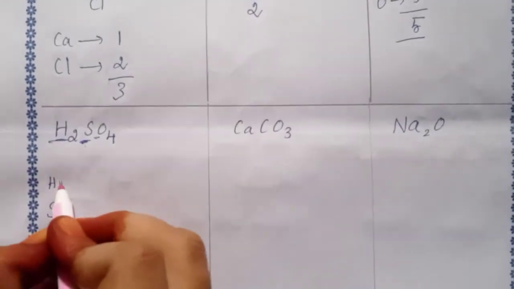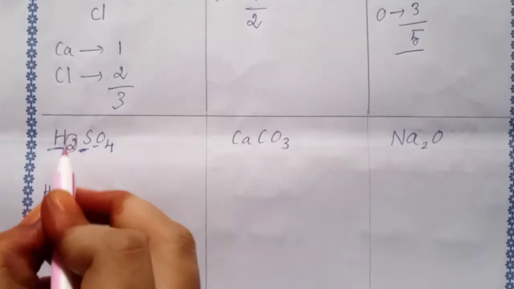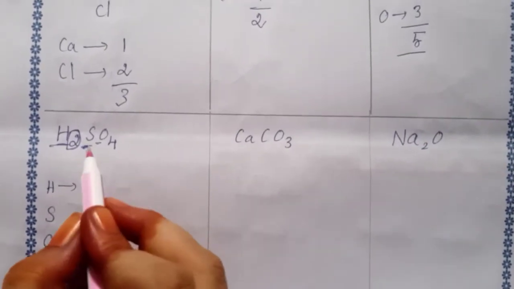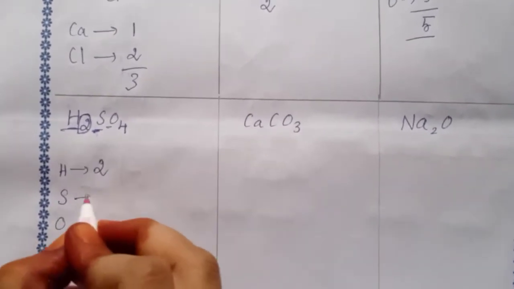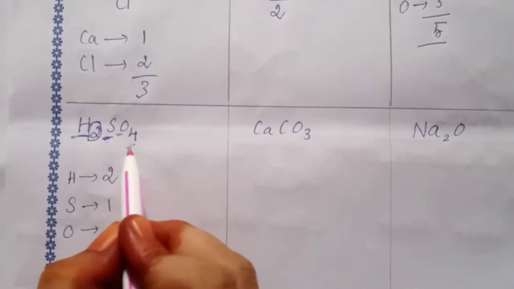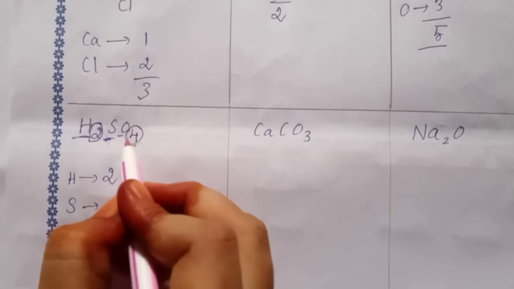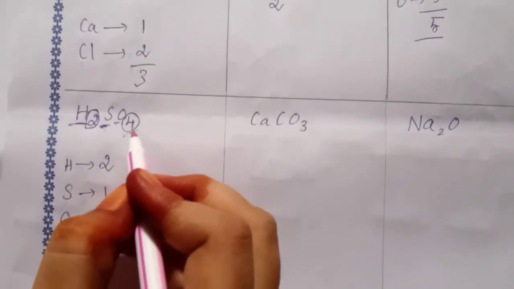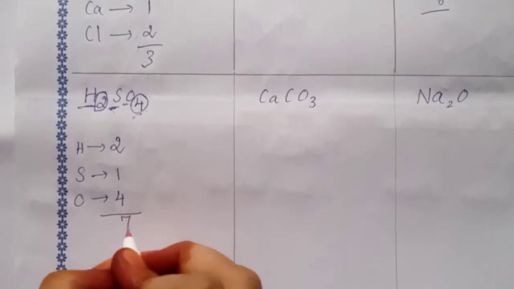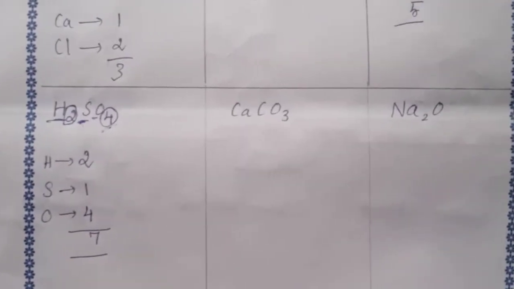So how many hydrogen atoms are there? 1, 2 hydrogen. After S there is no number, so only one sulfur is present. After oxygen, the number 4 represents 4 oxygen atoms. Totally 7 atoms are present in H2SO4.